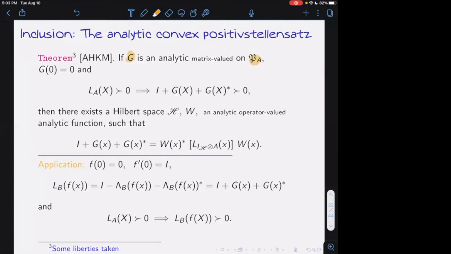And then take G of 0 to be 0. And then we could look at the condition that L_A(X) positive, in other words, X is in P_A, implies that I plus G(X) plus G(X) star are positive.